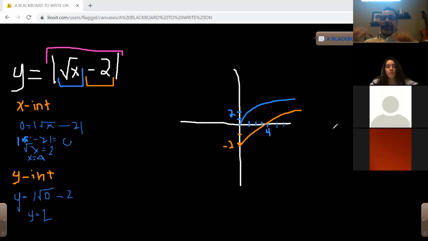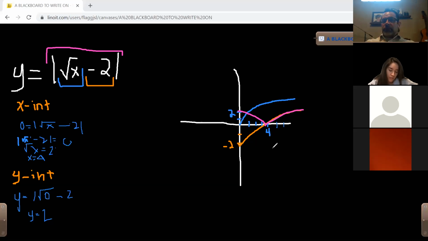So it's very important. The absolute value, anything that's below the x-axis is going to have to flip upwards. And whatever is on top of the x-axis stays the same. So this part is going to stay the same. And this part that's here on the bottom that crossed in -2 now is going to cross in 2.